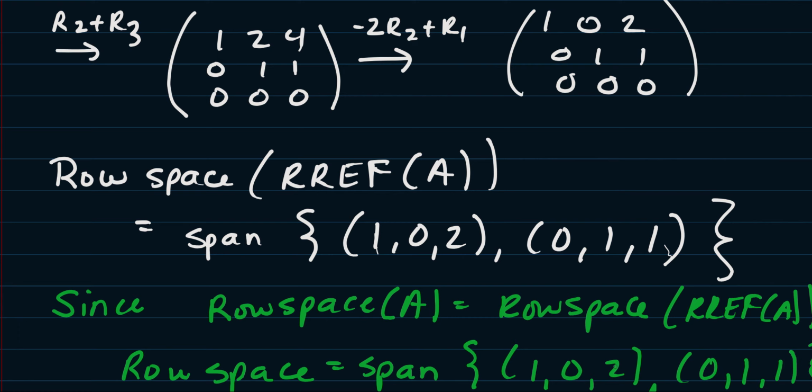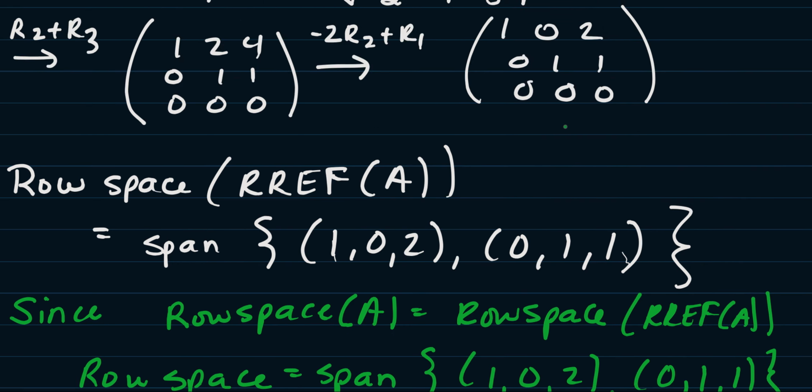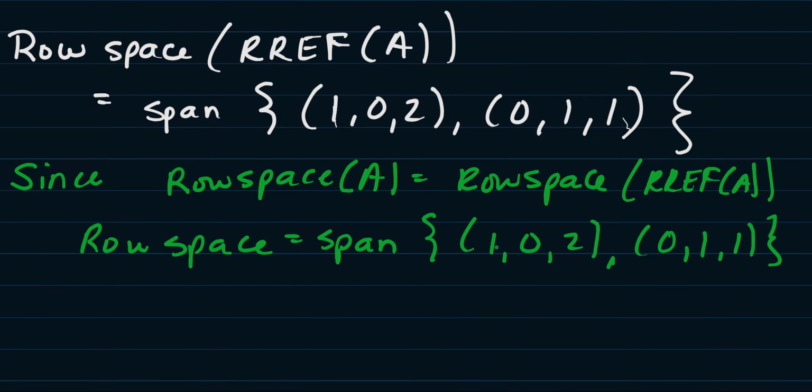And notice that these two vectors are linearly independent. Whenever we put a matrix into reduced row echelon form, we're going to get linearly independent vectors. And you can just see it from here. You can't get this vector from this one.